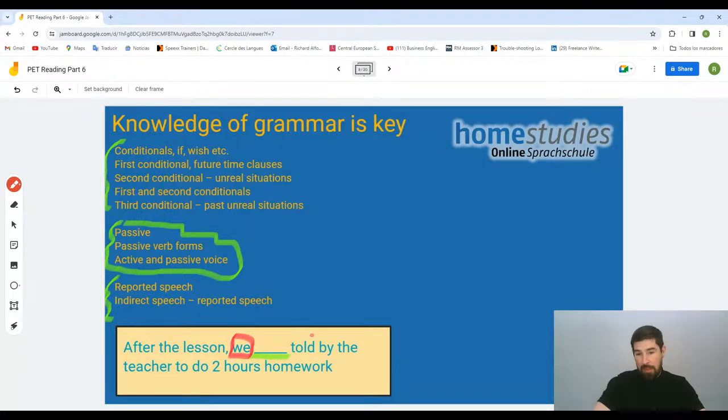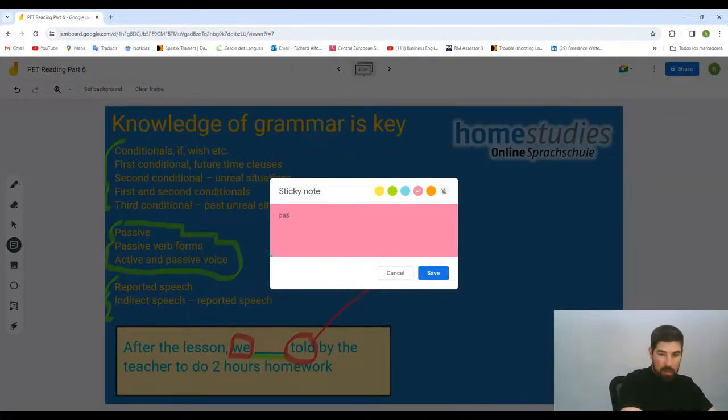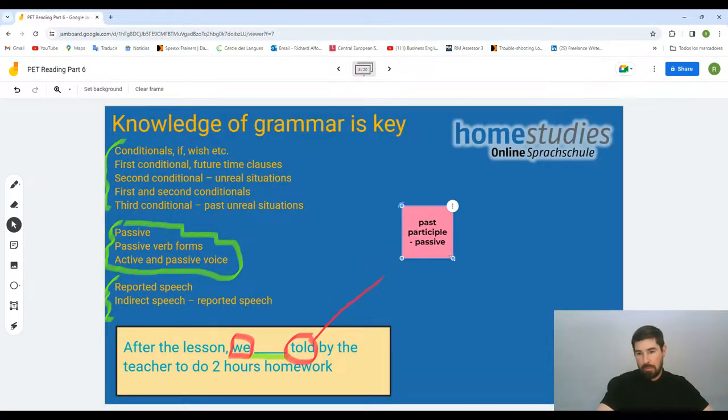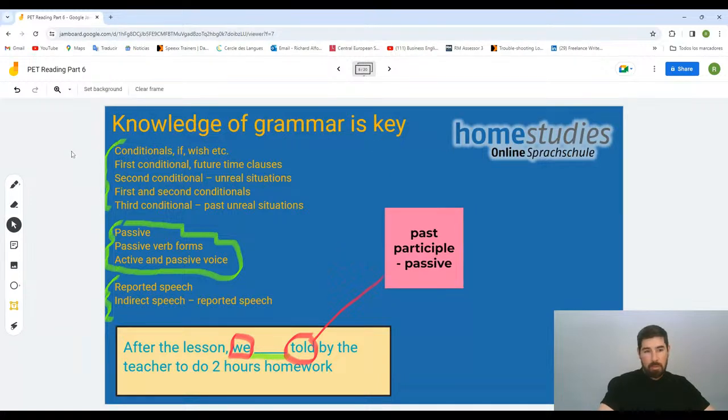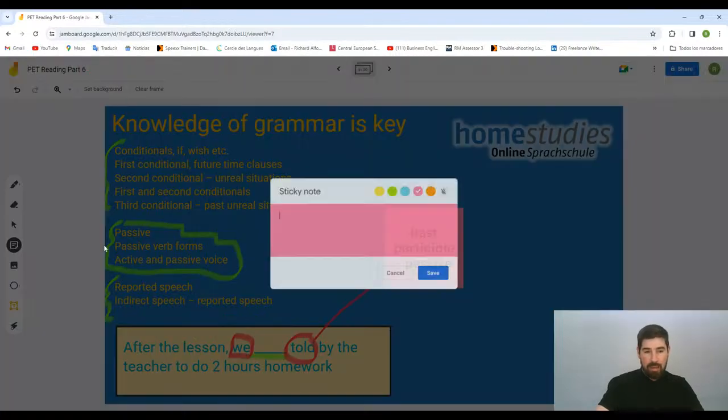And then we've got told. Now, told is a past participle. So this tells us that this could be part of a passive. And we've got the we form. So what is going to go in here? Now, with the passive, we're using be plus past participle.